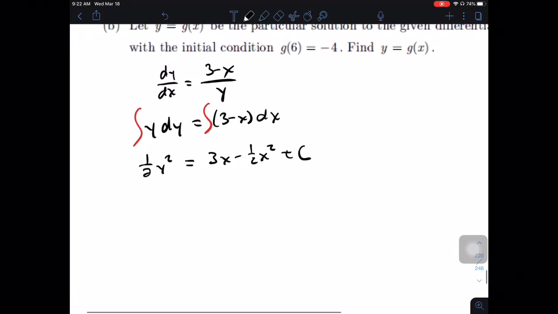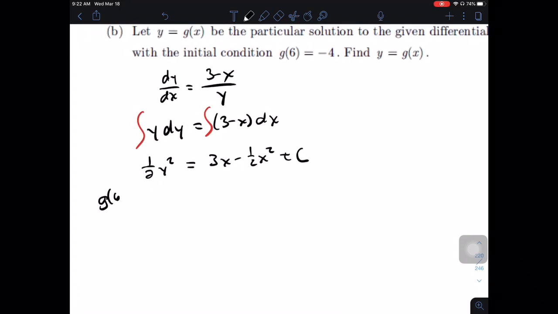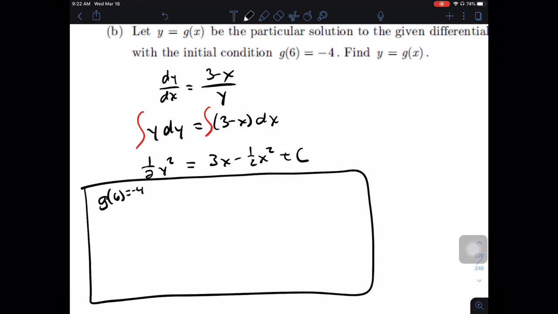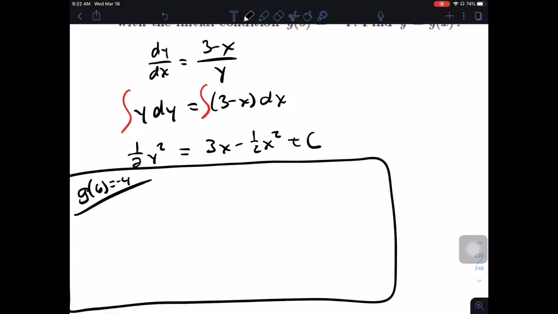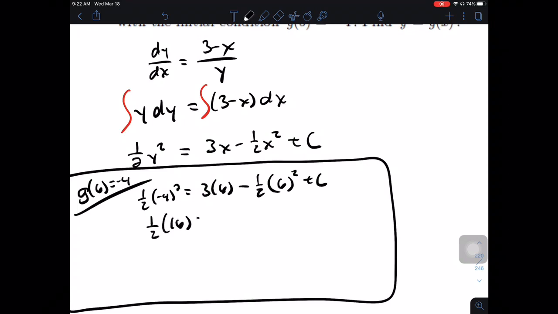Then we take the initial condition, which is g of 6 is negative 4. Let's figure out what c is here. So I'm going to put a negative 4 in for y and a 6 in for x. I'm going to get half of 16 equals 18 minus half of 36.